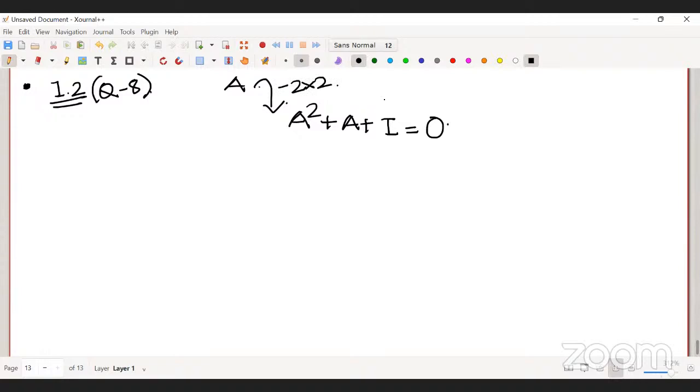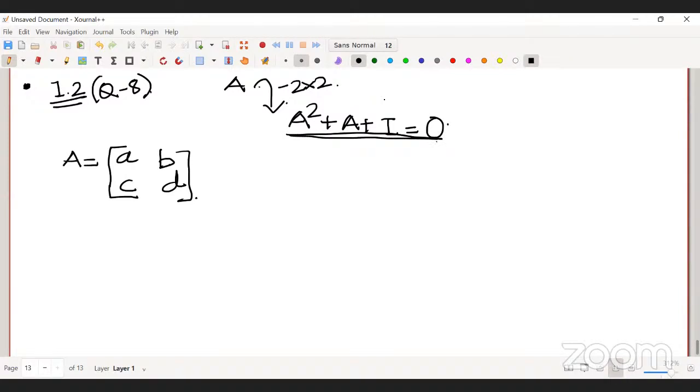So let me take some arbitrary real matrix A. I want to find a matrix A that satisfies this condition, a real matrix, obviously, not a complex matrix.